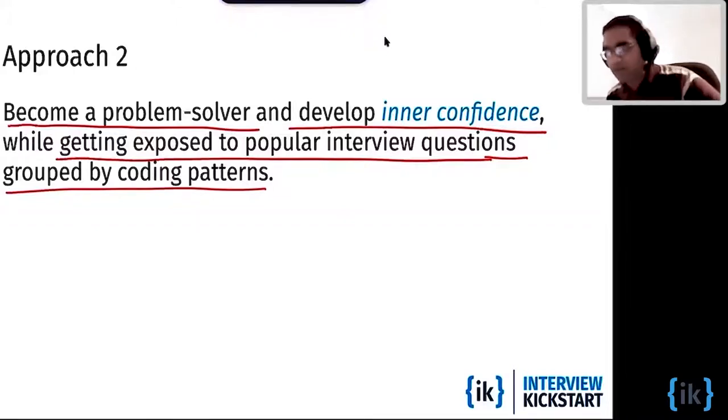Somebody asked on Discord, how can we prevent ourselves from forgetting the implementation that we did a month ago? Well, this is how you can alleviate that. If instead of solving one random question after another, you group together questions which have the same coding patterns, then when you solve those 5 or 6 problems, the same pattern is unconsciously getting repeated and reinforced in your mind.